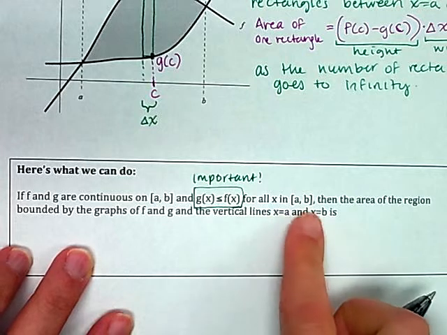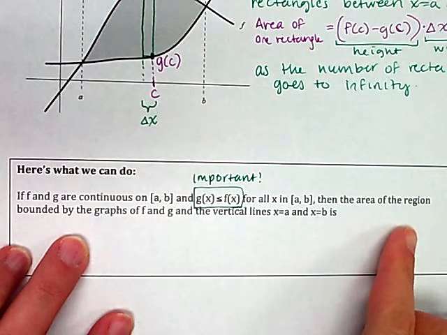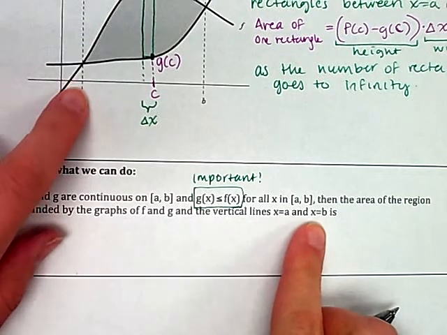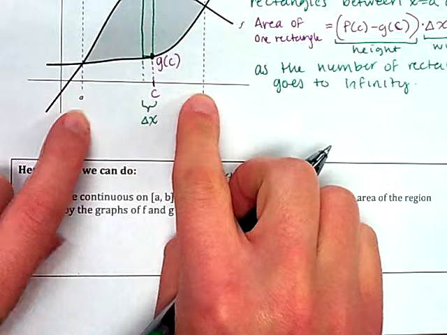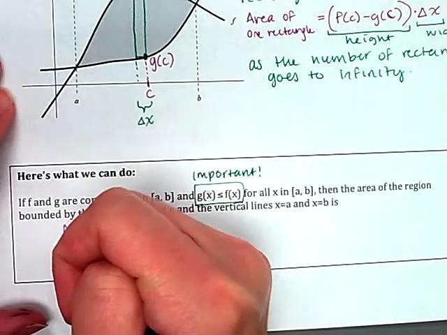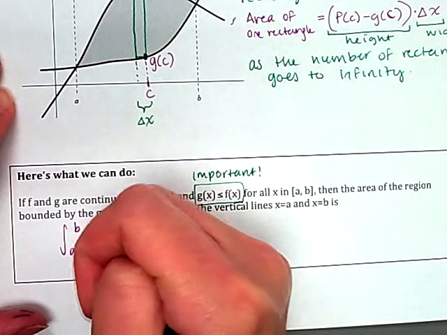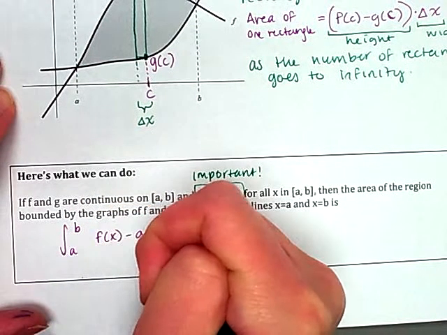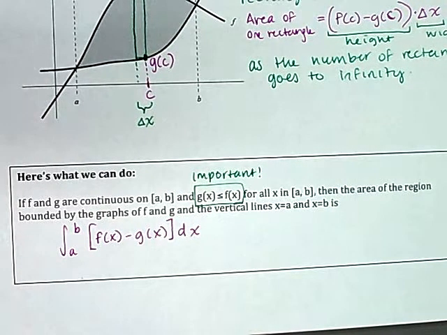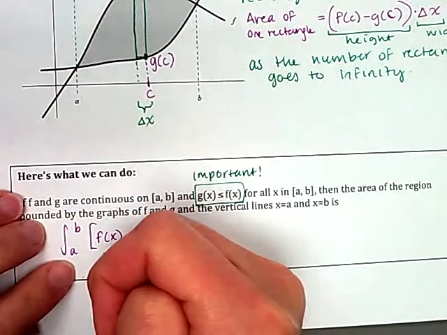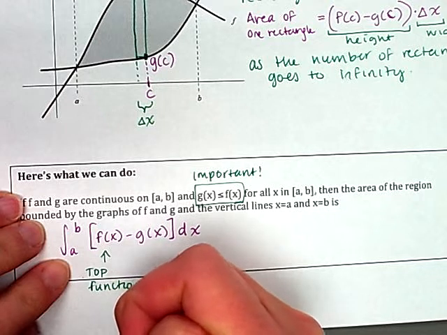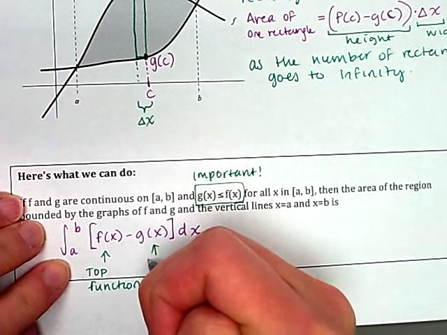For all x on the interval, then the area of the region bounded by the graphs of f and g and the vertical lines x equals a and x equals b, so those are those two lines there and there, would be the integral from a to b of f of x minus g of x dx, where f of x we're thinking about as being the top function, and g of x is the bottom function.